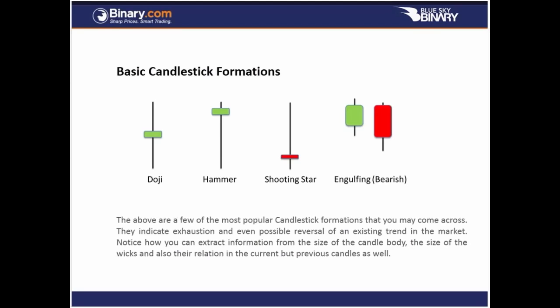So we can say that the second candle comprises all of the first candle, and this can happen in a bearish situation, but it can also happen in a bullish situation.